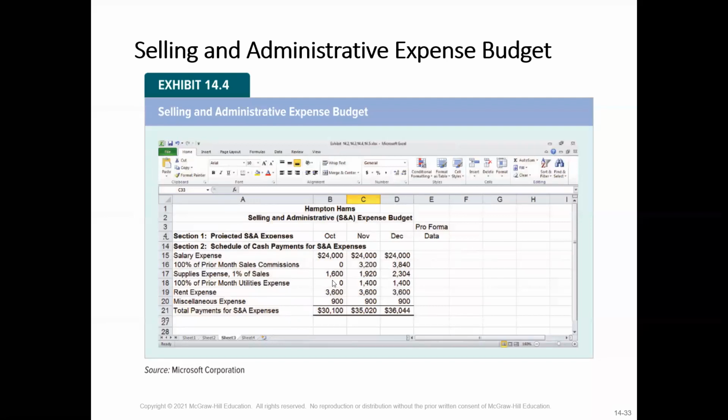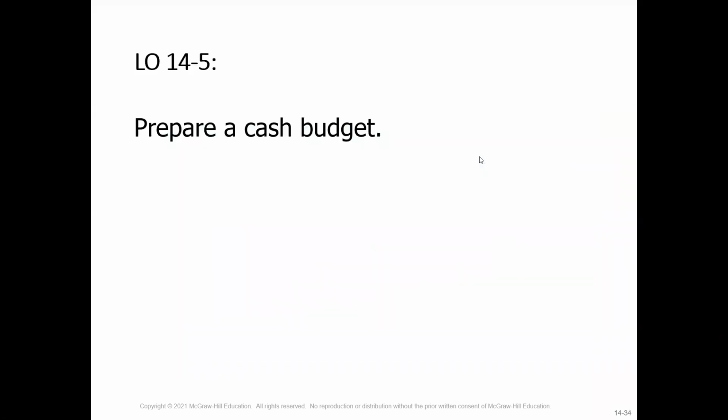So supplies expense will be 1% of sales incurred in the month of sales. Utilities, there is a lag. So there'll be a payable factor of utilities as well. Rent and miscellaneous are all payable in the month incurred. Okay, so those all lead us to cash budget.